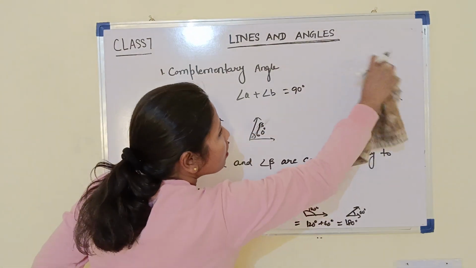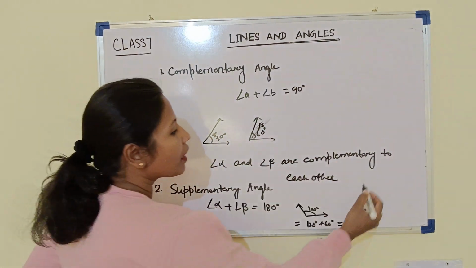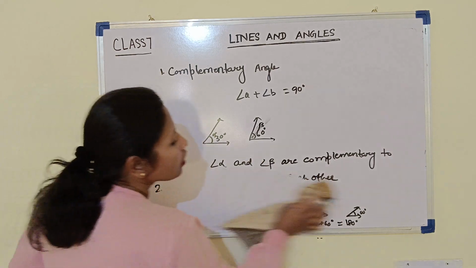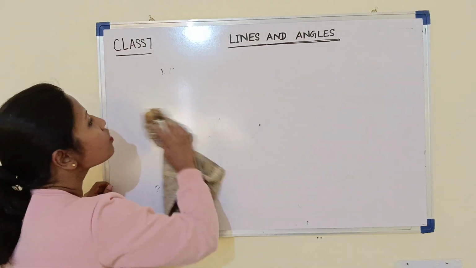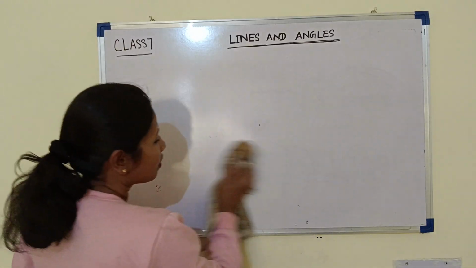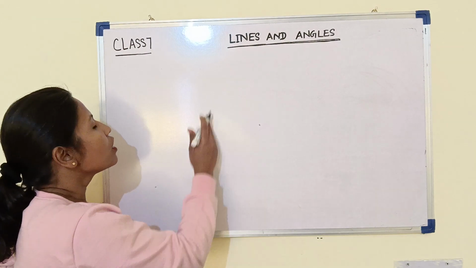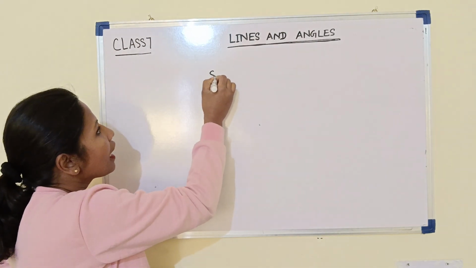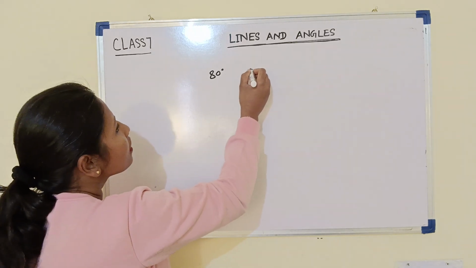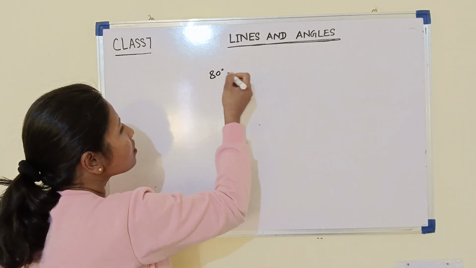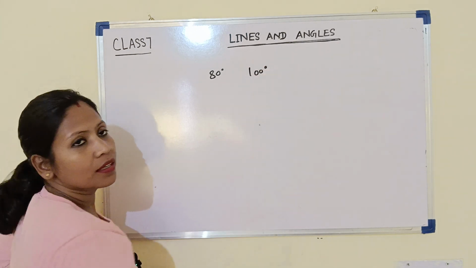Let's take a combination of supplementary angle. So in the supplementary angle, the addition should be 180 degree, right? So let's take two acute angles. Suppose I take 80 degree, then the other should be 100 degree, right?